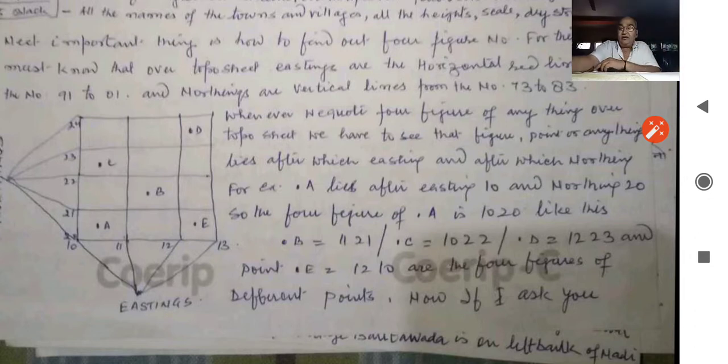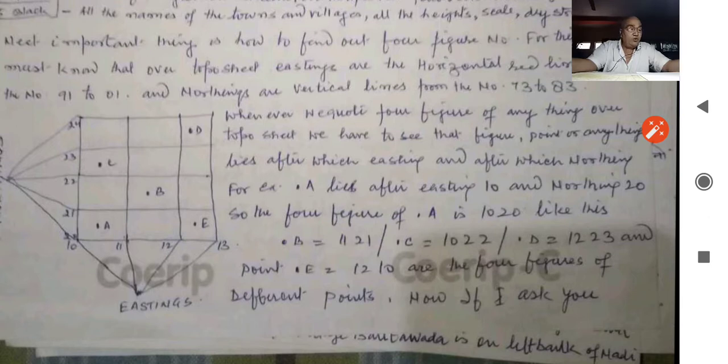Eastings are given from 91 to 01. Now, why do we call them eastings and northings? Easting number increase towards the east in the topo sheet, that is from 91 to 01, and northing number increase towards north, that is from 73 to 83.